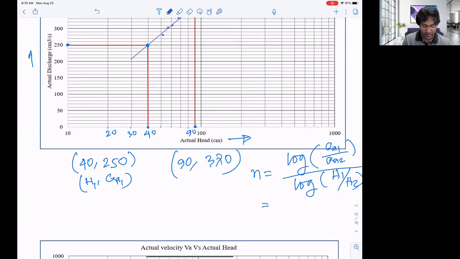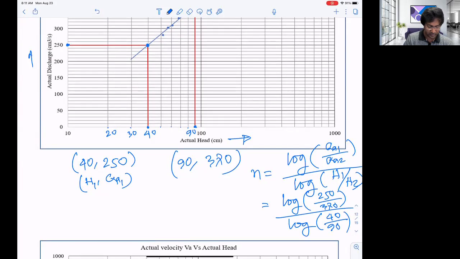If we apply that, log of 250 divided by 370, divided by log of 40 divided by 90.